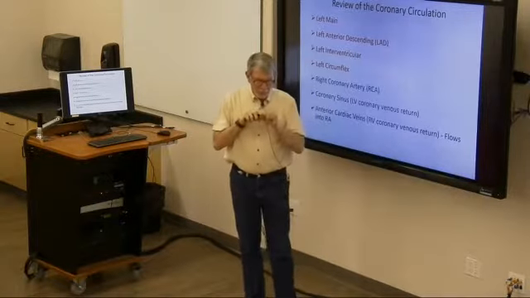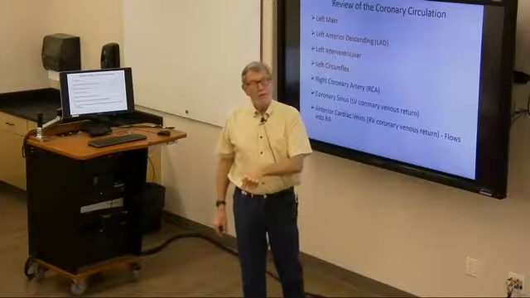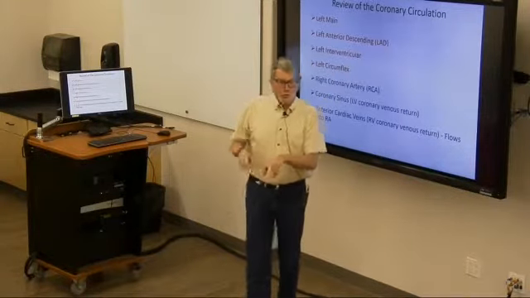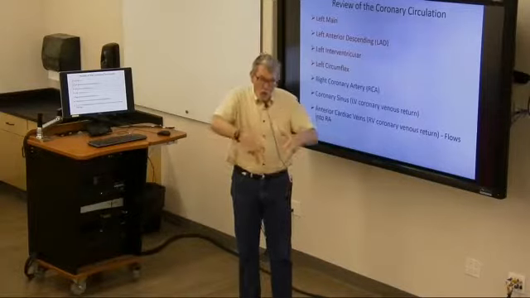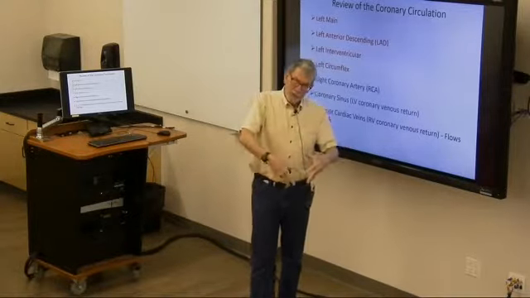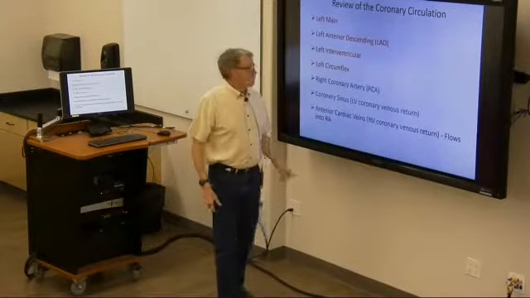It splits and continues as left anterior descending and also becomes the left interventricular coronary artery. So the left main does all of that left ventricle and the lateral part of the heart, the left side.